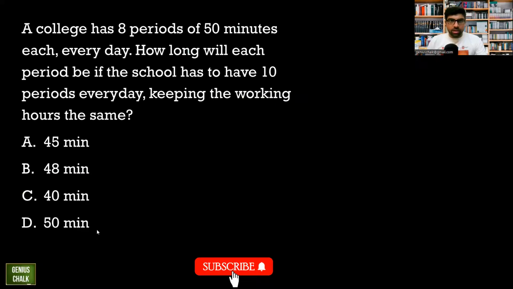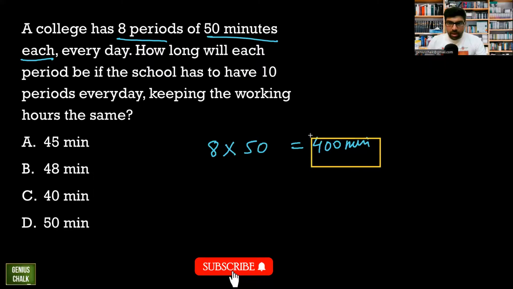A college has 8 periods of 50 minutes each. That means what is the total time? 8 periods and 1 period is of 50 minutes. So it is going to be 400 minutes total, right? Now, the question asks how long will each period be if the school has to have 10 periods every day, keeping the working hours the same.